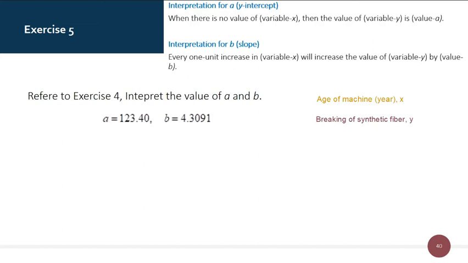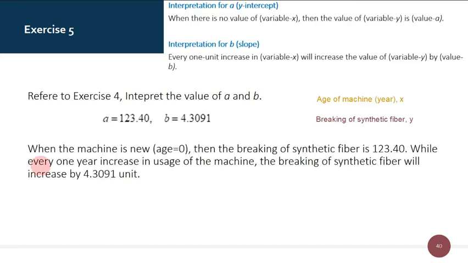From A, when the machine is new, which means the age is 0, then the breaking of synthetic fiber is 123.40, while every 1 year increase in usage of the machine, the breaking of synthetic fiber will increase by 4.3091. Just follow the format here.